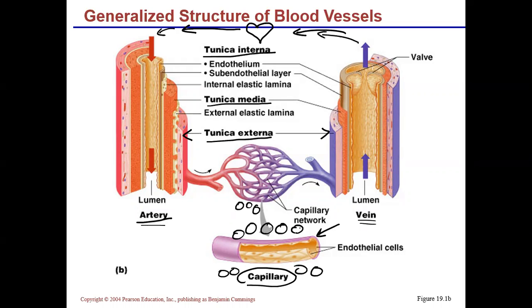The majority of this tunica externa is connective tissue, with a little bit of collagen fibers to give protection, obviously, to the blood vessels. Tunica media is a lot thicker in the arteries as opposed to the veins.